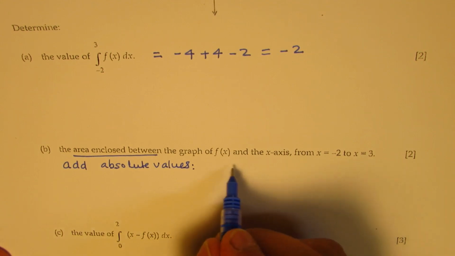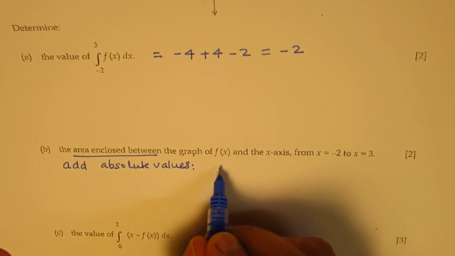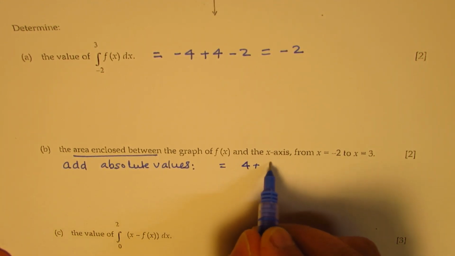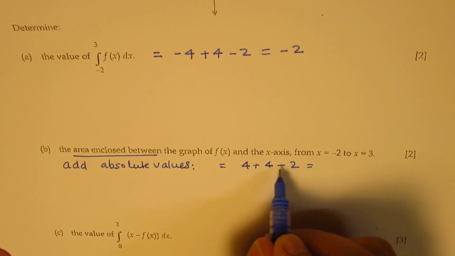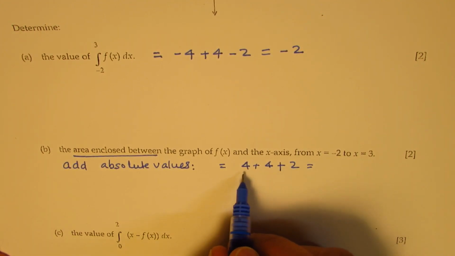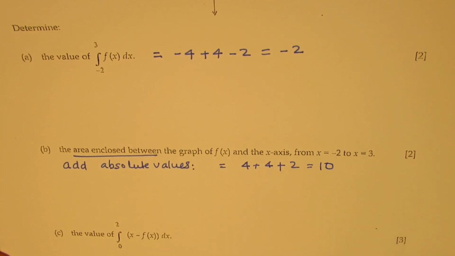So in this case, we get the area as 4 plus 4 plus 2, all added. So 8 plus 2 is 10 units. Is that clear to you? So that is how we are going to answer this.